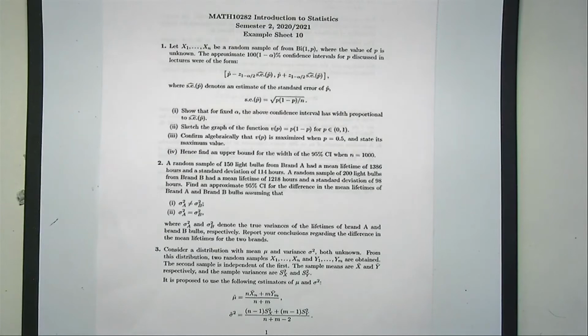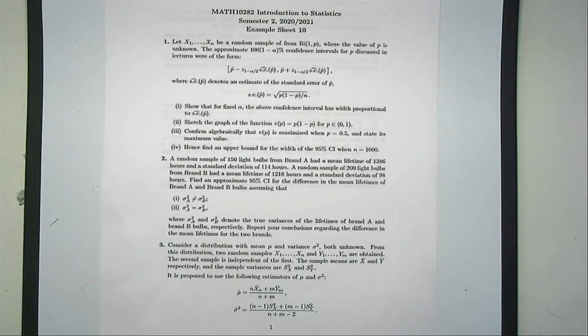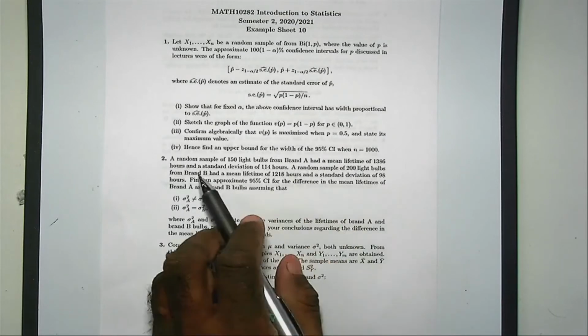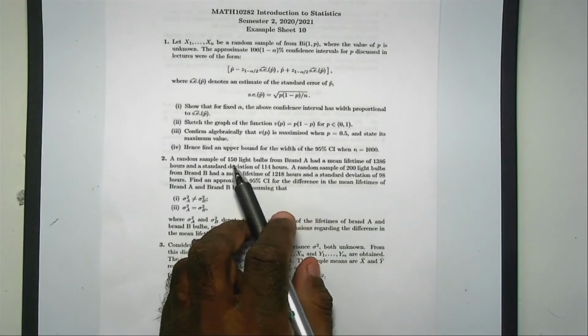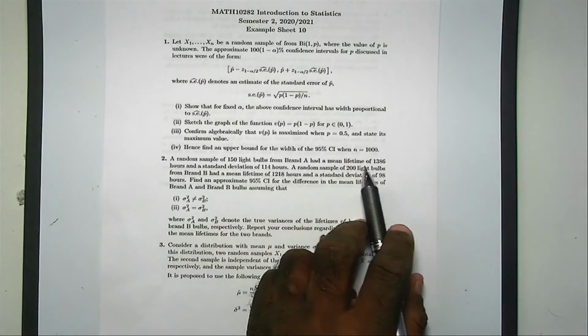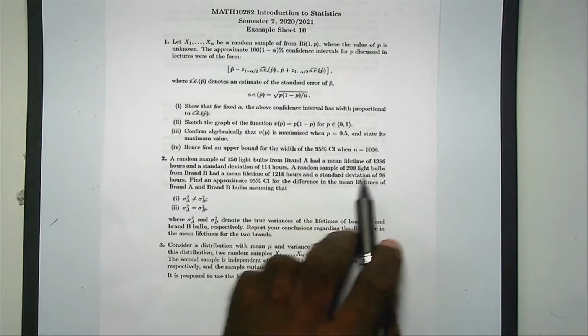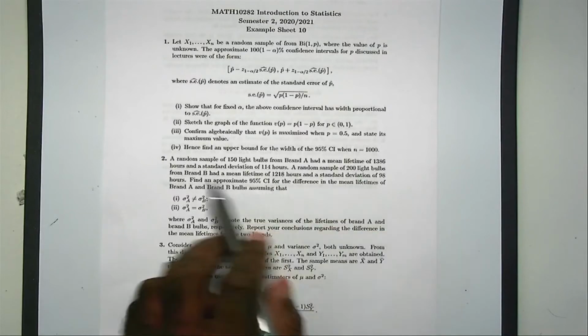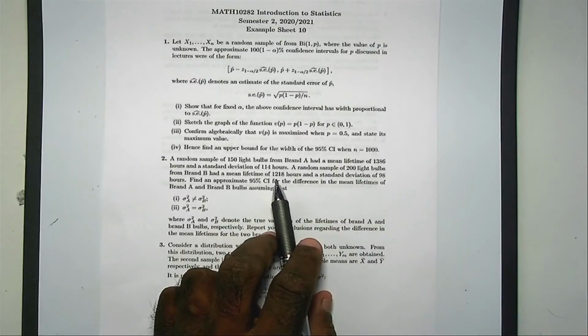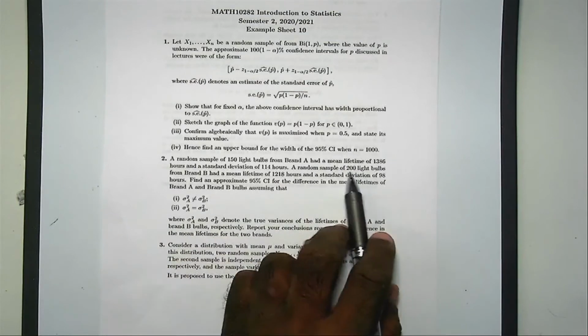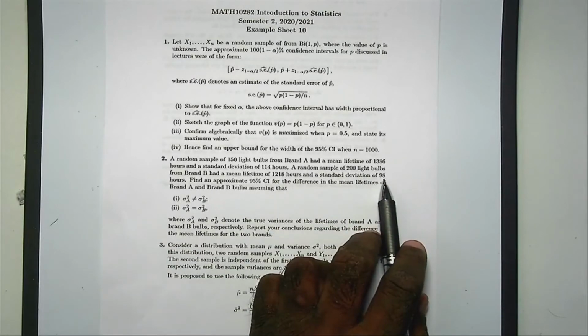Now question 2. We have 2 brands with the sample size of 150. The first brand has a mean of this and a standard deviation of this. The second brand has the mean of this and the standard deviation of this. Okay. So the second brand has a sample of 200 with the mean of this and the standard deviation of 98.